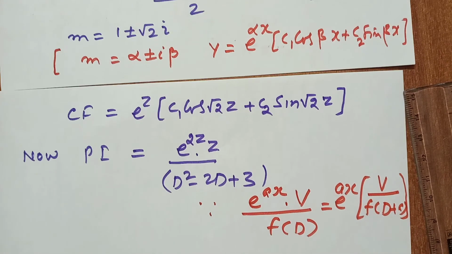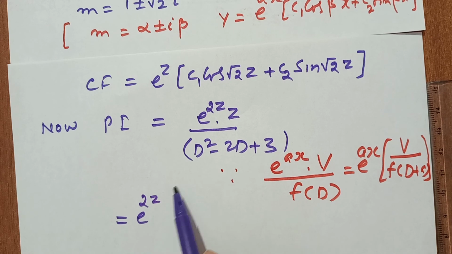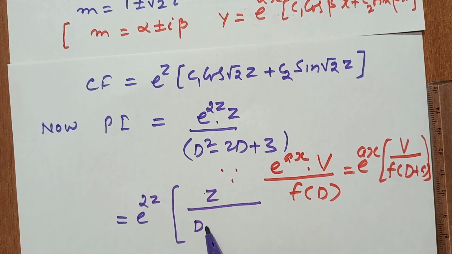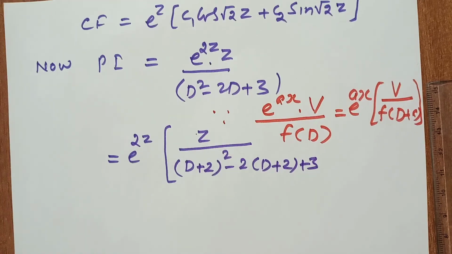This is the formula for e^(ax) times a function of x. So e^(2z) outside, and then we calculate the PI of z upon (D + 2)² − 2(D + 2) + 3.